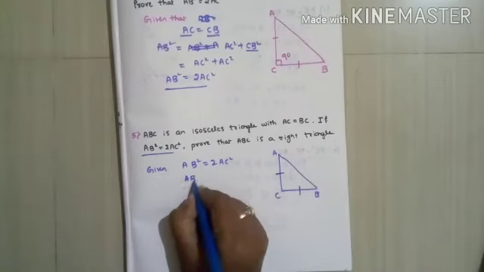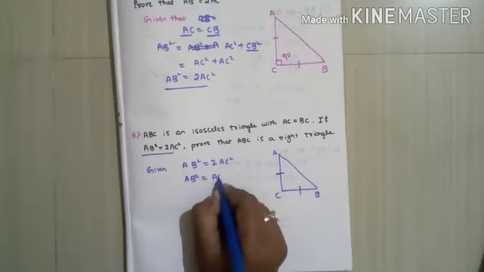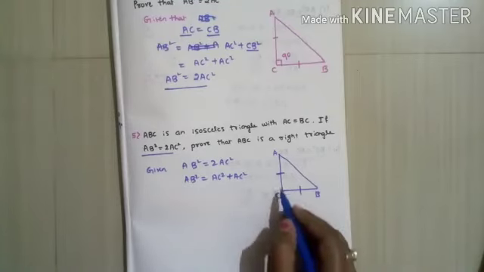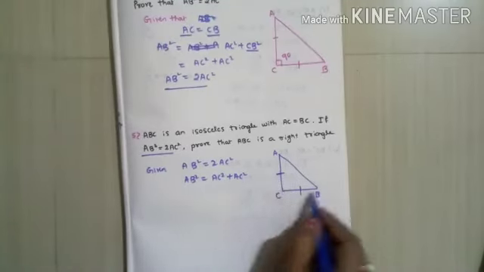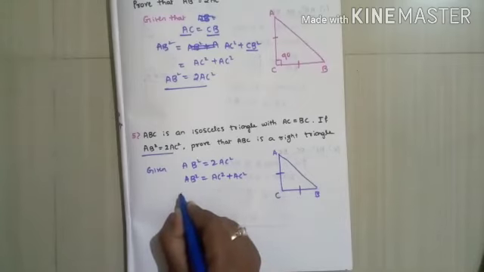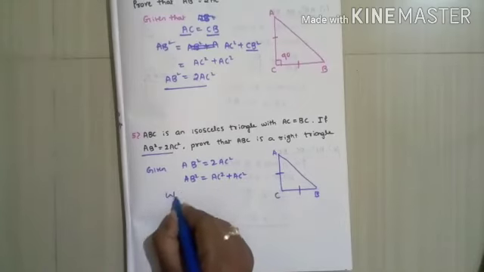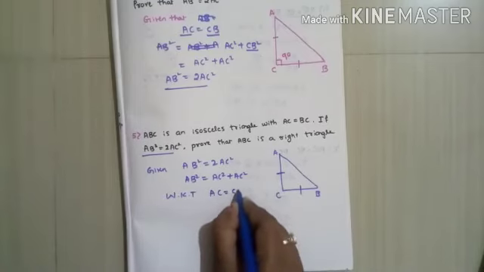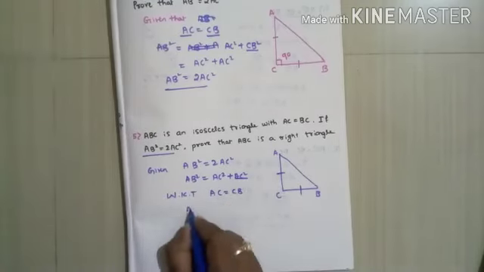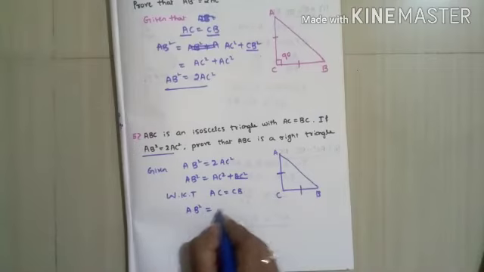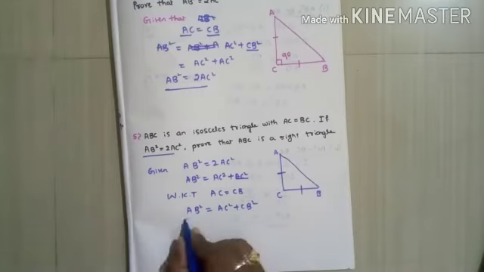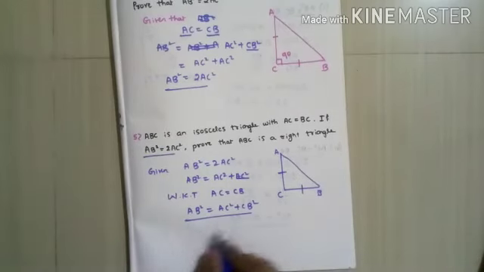So I can write AB square is equal to AC square plus AC square. Now in place of one AC square I can write CB. We know that AC is equal to CB. So AB square is equal to AC square plus CB square. Now this is satisfying the Pythagoras theorem.